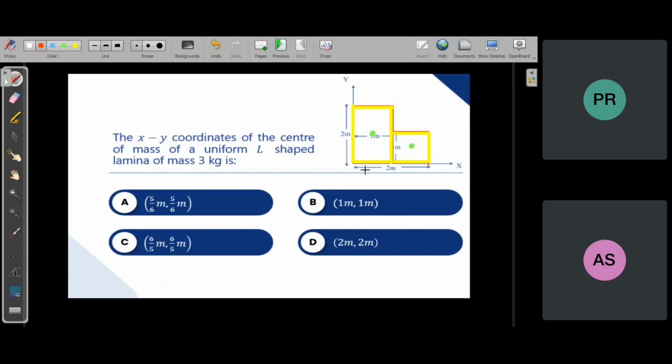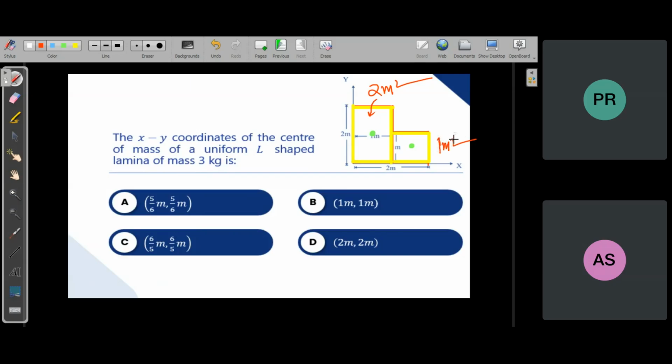But because the mass is uniformly distributed, we can say that its mass will be proportional to its area. So the area of the first part is 2 into 1, so it is 2 meter square. Whereas this part is 1 meter square area.